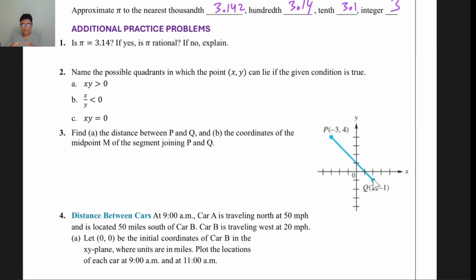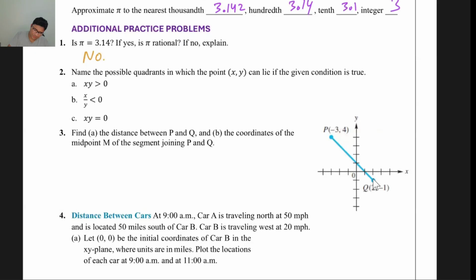There are some more practice problems on this topic now. Is pi equals 3.14? If yes, explain. Is it rational? No. If no, explain. Okay.